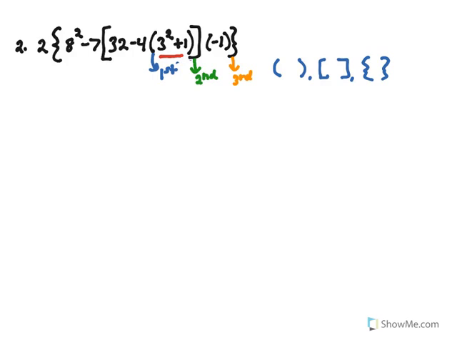Okay, so when we do 3 squared, 3 squared inside the parentheses is going to end up as 9 plus 1. Okay, and when you add those up, you're going to get 10. So the problem is simplified to this.